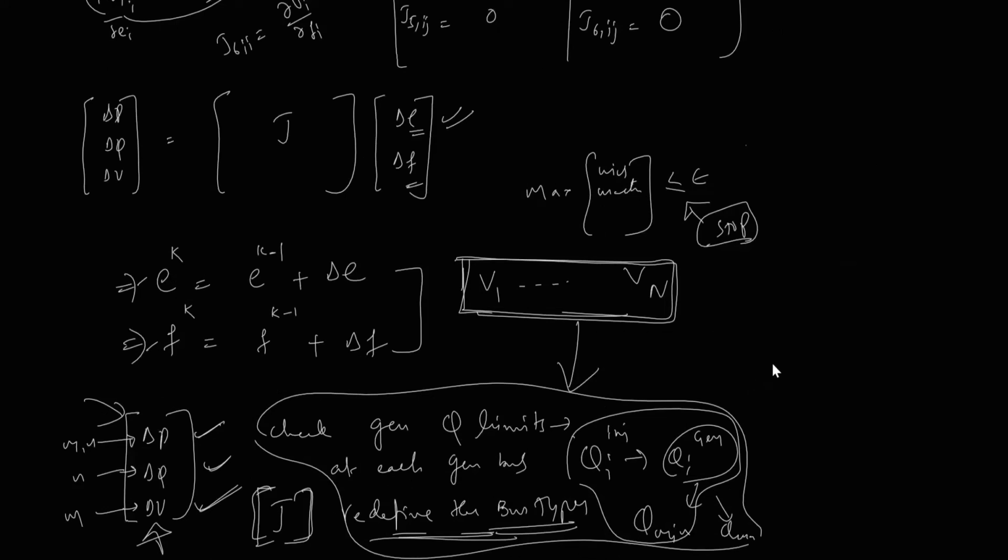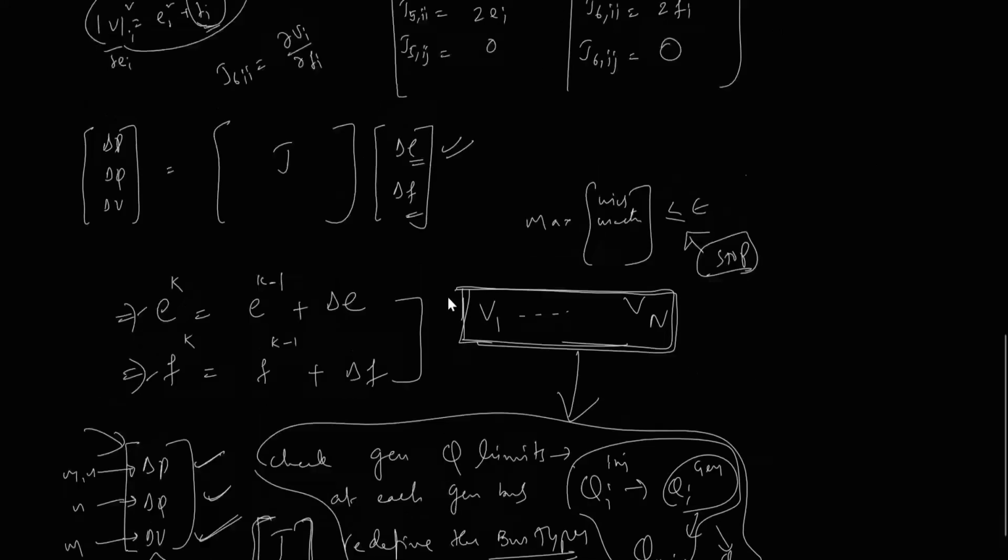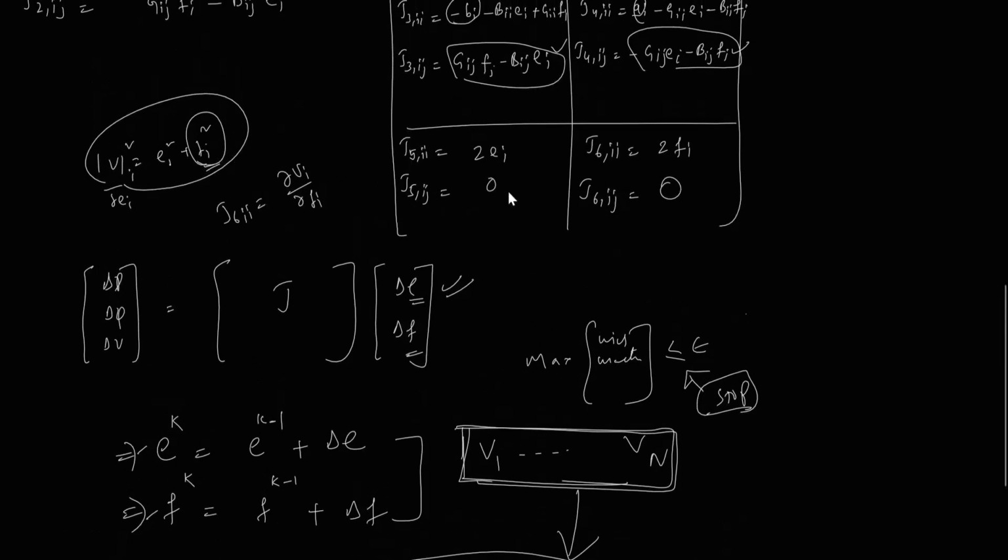Okay, here there is a small correction. In deriving the Jacobian submatrices J5 and J6, I have used the voltage equation V magnitude square is equal to EI square plus FI square. That is why I got 2EI here and 2FI terms here.